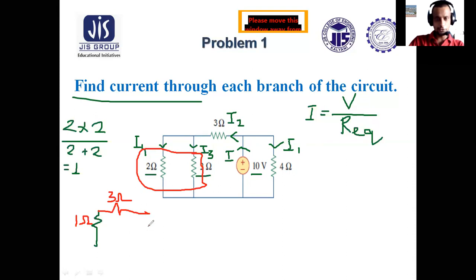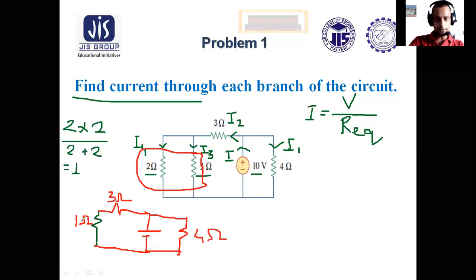There is a voltage source here, and there is one resistor of 4 ohm. Now 3 and 1 are in series, so the total resistance will be 4 ohm.